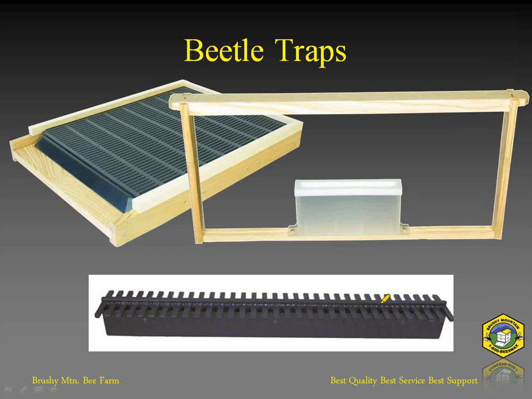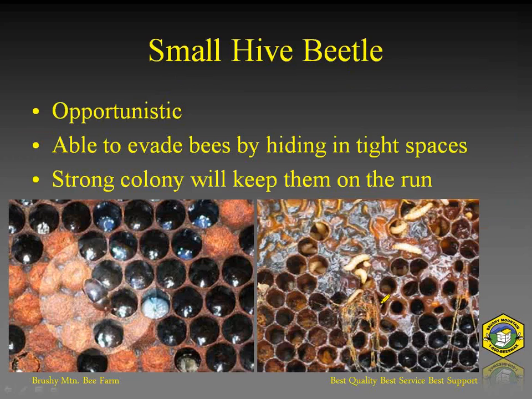Now, the other thing that you can do, and it is in fact a pesticide, but it's outside of the beehive, is something called Guard Star. And Guard Star is a soil drench. So you apply it to the soil surrounding your hive. What happens, if I back up here a slide, these larvae, in order for them to pupate, to mature into an adult beetle, such as this one right here, they must leave the hive.